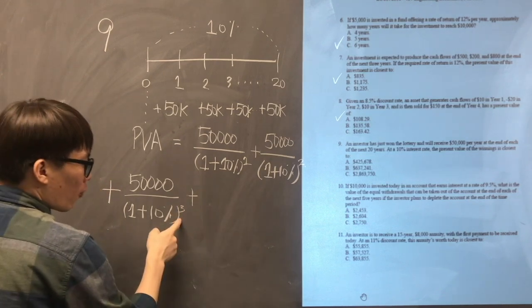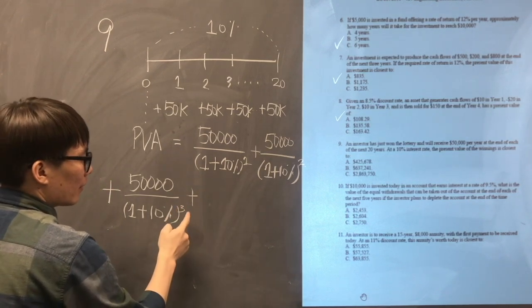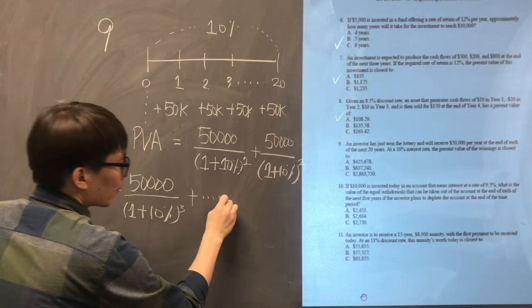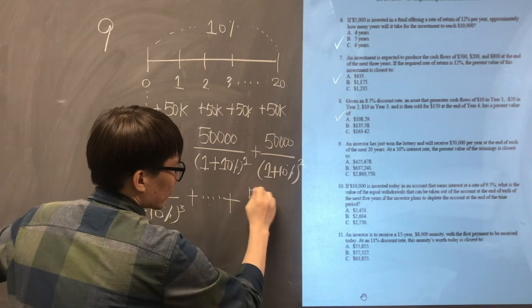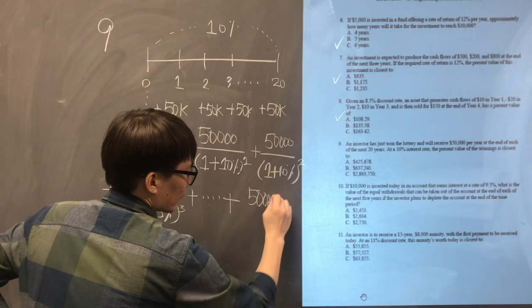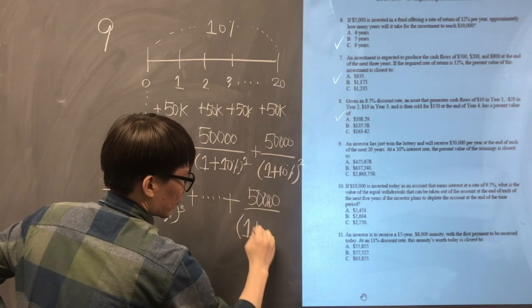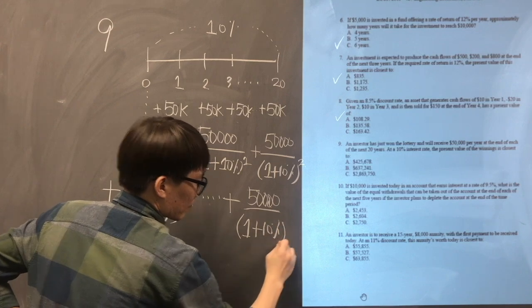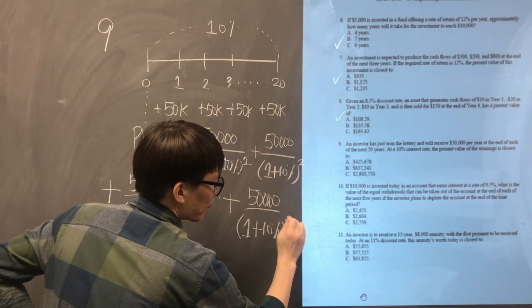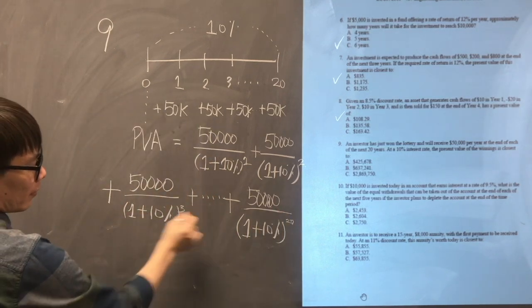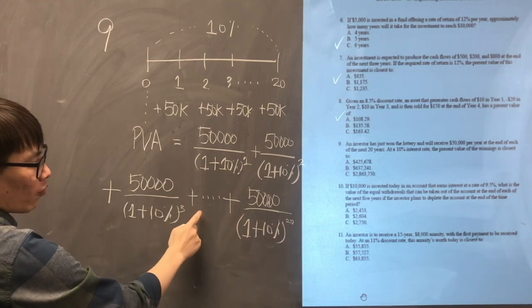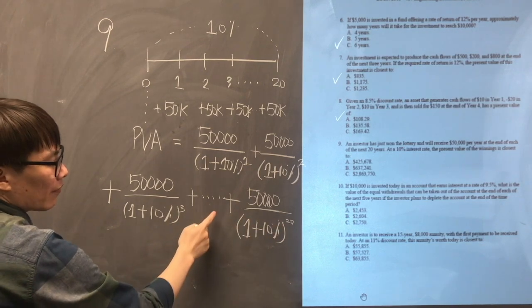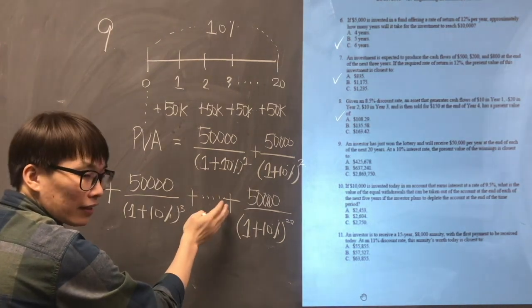End of year 4, 5, 6, 7, 8, 9, 10, dot, dot, dot, 17, 18, 19, 20. Between 3 and 20, there will be 4, 5, 6, 7, 8, 9, 10, 11, 12, dot, dot, dot, 17, 18, 19.